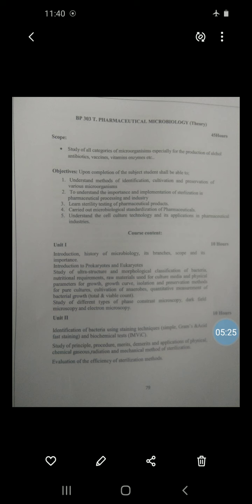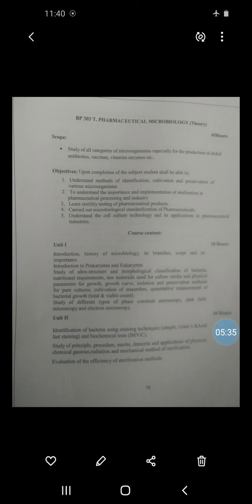This radiation causes damage to the genetic material, that is DNA or RNA, of the cell. If the DNA or RNA of the microorganism is damaged, the cell will die.